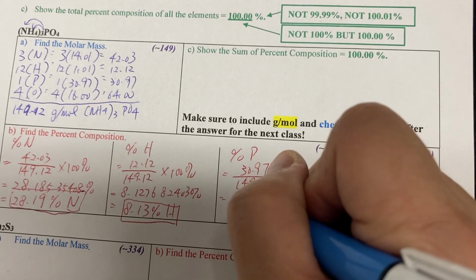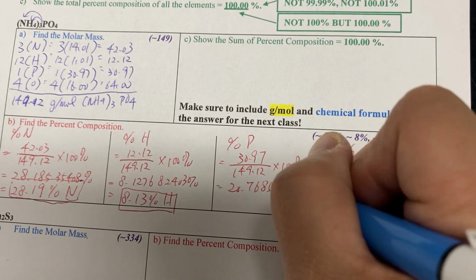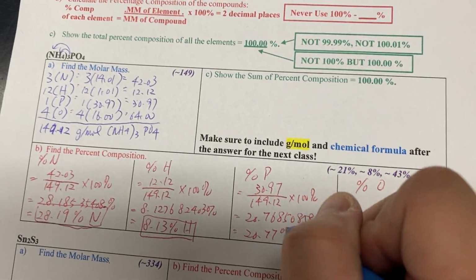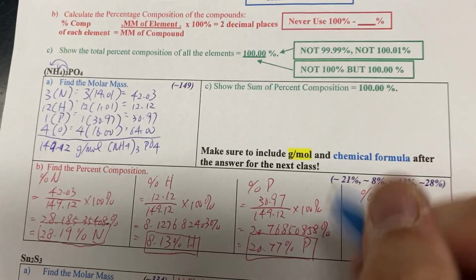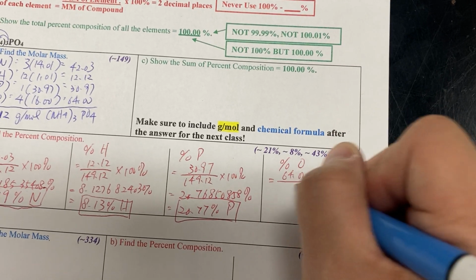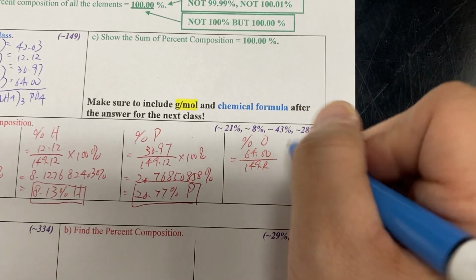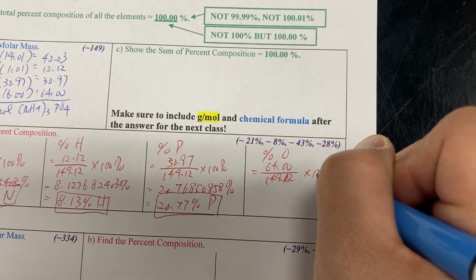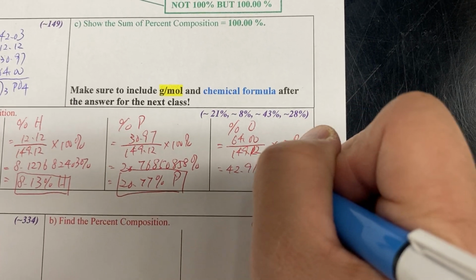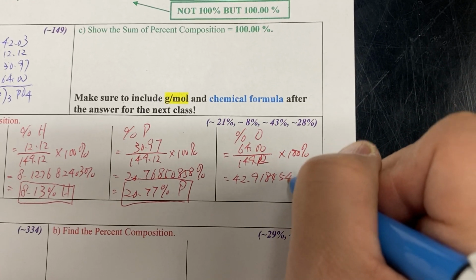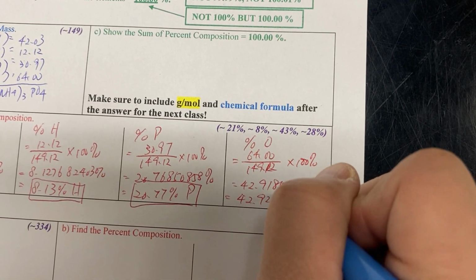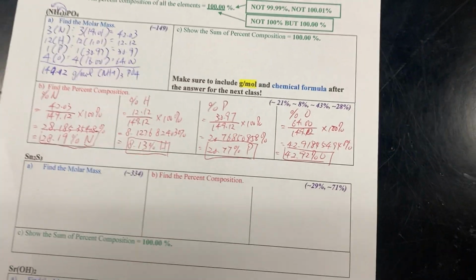And I should get 20.7685..., and after I round it, it should be 20.77% P. Okay, and then finally, the percentage of the oxygen, 64.00 divided by 149.12, and then times 100%, and I should get 42.9184..., and after I round it, I should get 42.92% O. That's the red part.